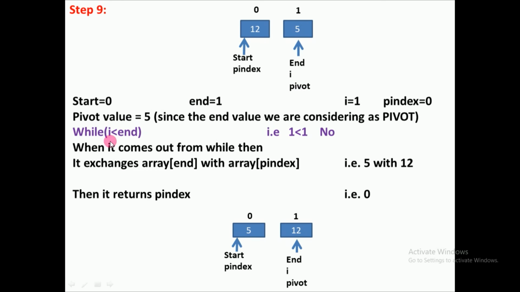Again it takes while I less than end, that is 1 less than 1, no. Then directly it comes out from the while loop and it exchanges the pivot element with array of P index, that is 5 is exchanged with 12, and it returns P index back to the quicksort function. Then it will be like this way, 5 and 12. Start and P index point to this one, so 5 and 12 are exchanged.